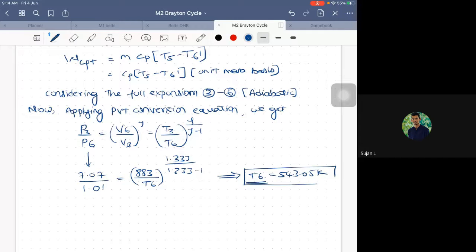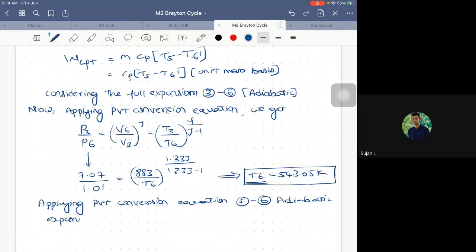So once I have got the value of T6, I think there would be no difficulty in calculating T5 now. So applying the PVT conversion equation for the process 5 to 6, which is adiabatic expansion, when you apply this, what happens?